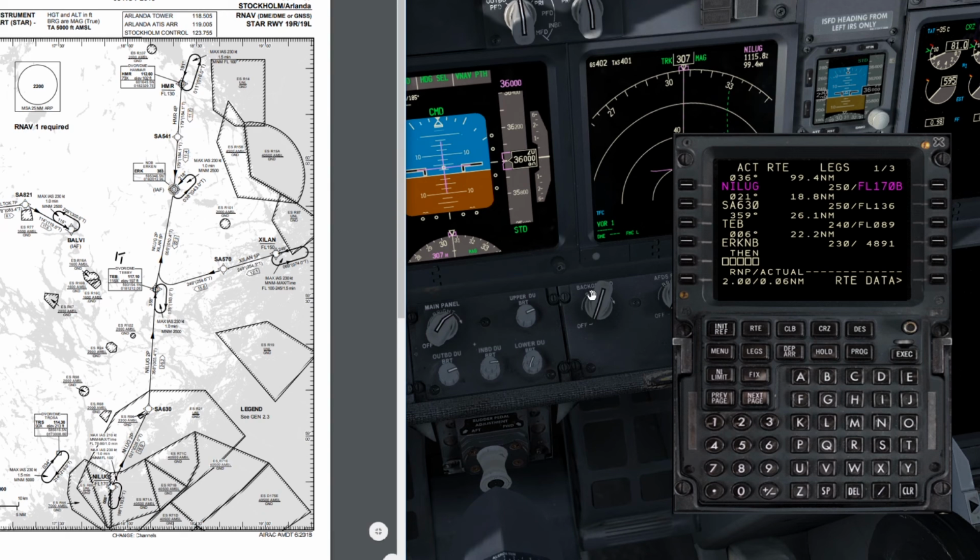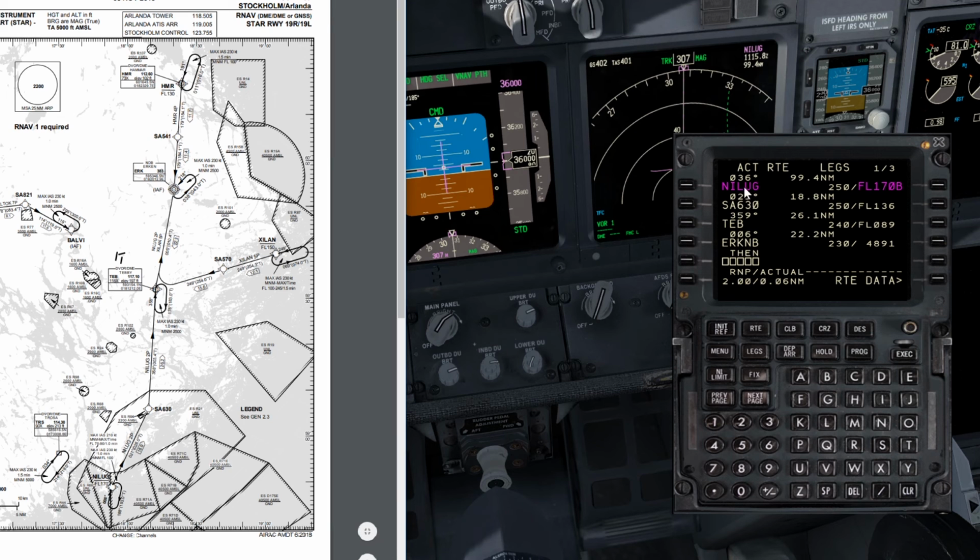Okay, so the first step in your planning phase is to check the FMC so that you have all the restrictions, both altitude and speed, in the computer. So you need a chart and you need the FMC. So as we said before, at Nilug we should be below flight level 170.